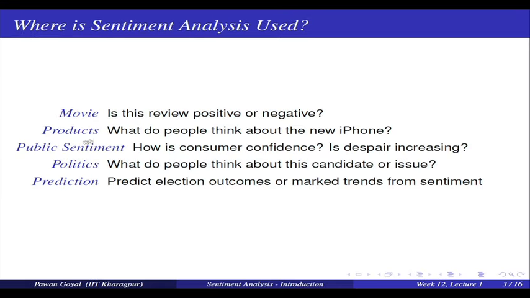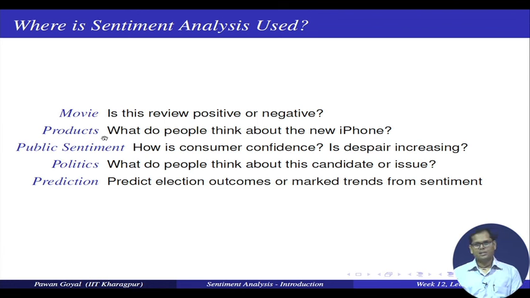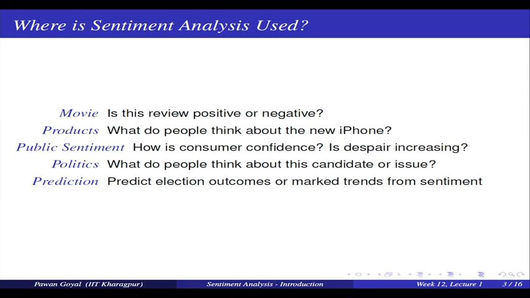Then you can in general talk about public sentiment, which can be over a particular brand name: what is the consumer's confidence, what are the consumer's reactions. It can also be about the policies that the government is making: what is the confidence of the people in that policy, and what is their sentiment.